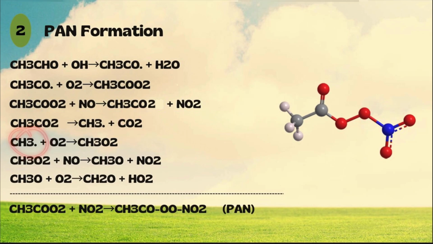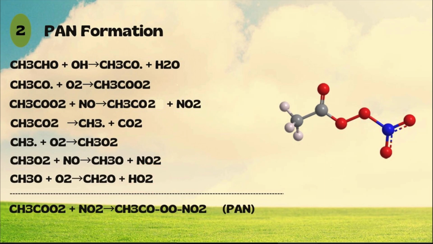Methyl radical in the presence of oxygen then produces this radical, and this radical further reacts with nitric oxide to form NO2 and HO2. So this set of smoke chemistry radicals leads to the production of ultimately an acetaldehyde compound along with the hydrogen peroxy radical.